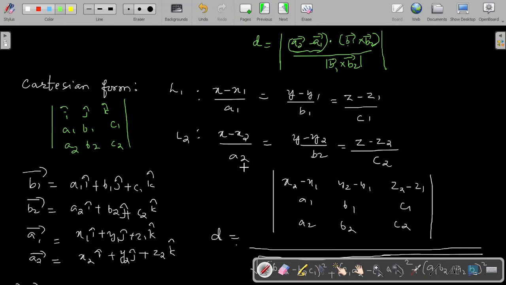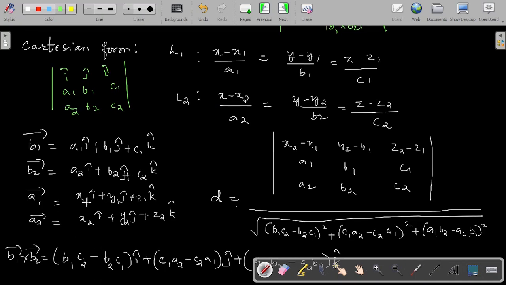B2 is given by the direction ratios of second line, a2 i cap plus b2 j cap plus c2 k cap. A1 vector is the position vector of first point, x1 i cap plus y1 j cap plus z1 k cap. A2 vector is the position vector of second line, x2 i cap plus y2 j cap plus z2 k cap. So a2 minus a1 is given by x2 minus x1 i cap plus y2 minus y1 j cap plus z2 minus z1 k cap.